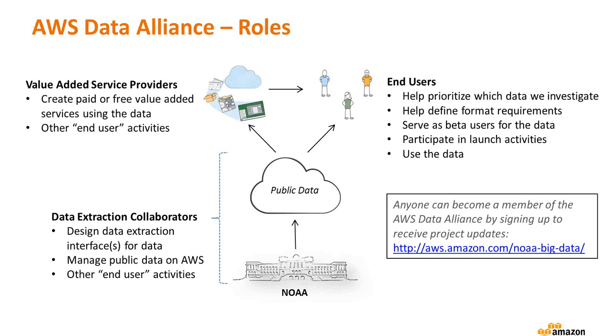The data extraction collaborators we do ask them to find terms and conditions specific to the NOAA Big Data Project, and there will be a limited number of data extraction collaborators. Everybody else can participate under the terms of their customer agreement with AWS and any other terms governing your use of AWS or participation in our programs.